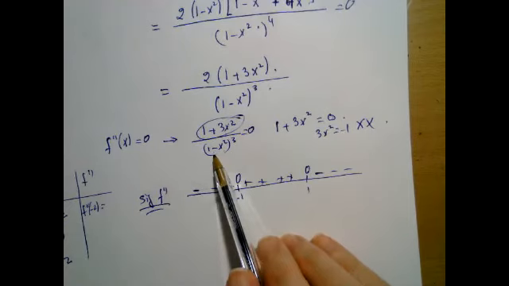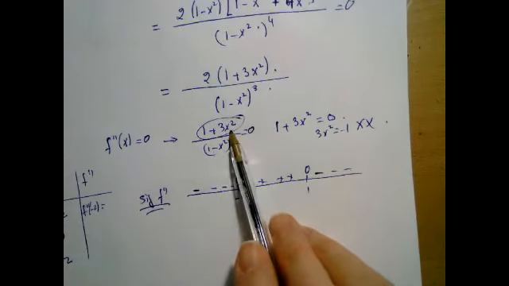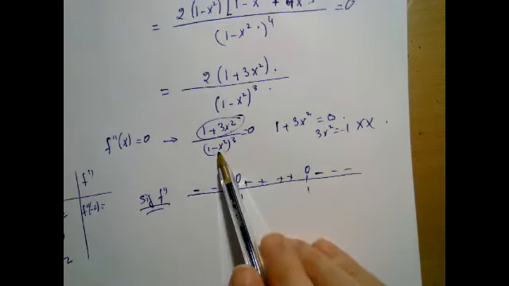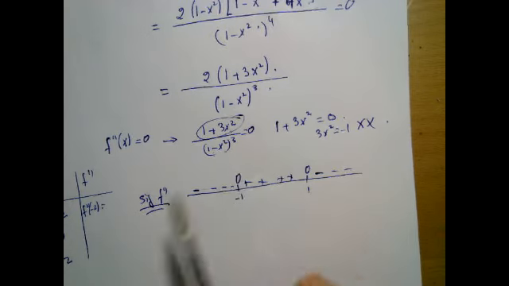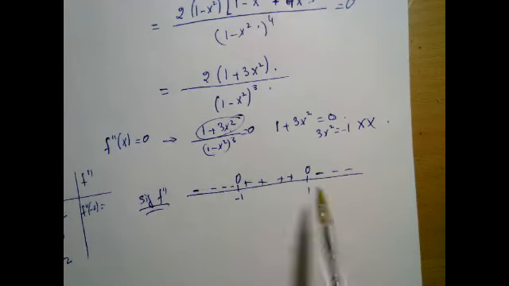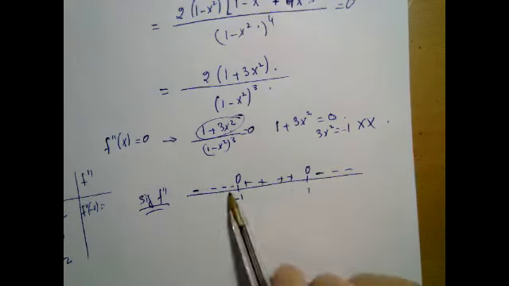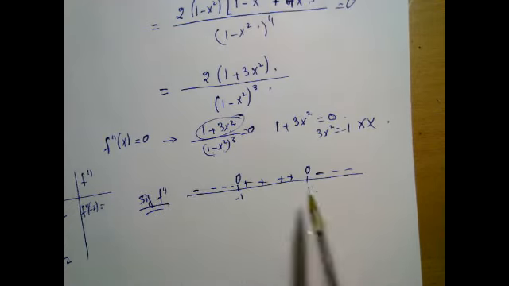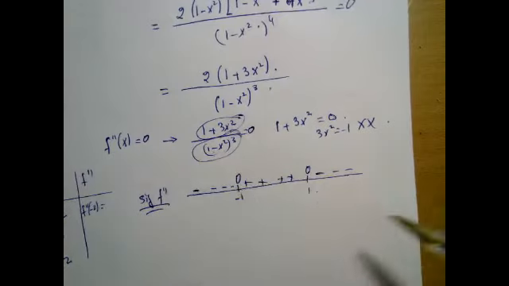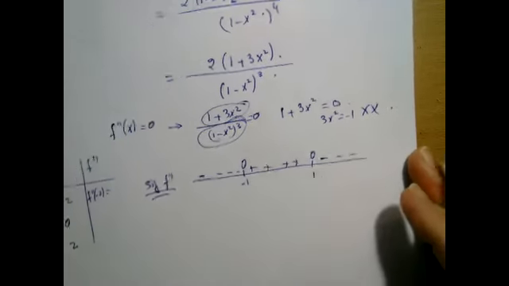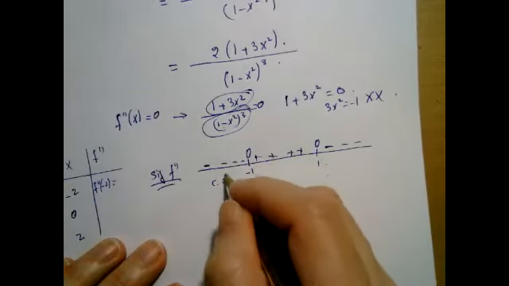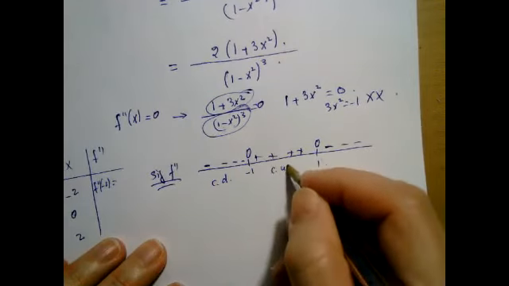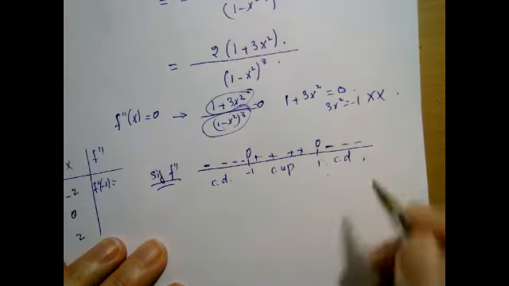What's happening for the second derivative? The numerator is always positive, but the denominator, because I have to the power 3, could be positive and could be negative, depending on x. So I'm taking the sign of f double prime. I have to take when the function is defined, minus 1 and 1, because it's affecting the sign of the second derivative. So now I have concave down, concave up, concave down.